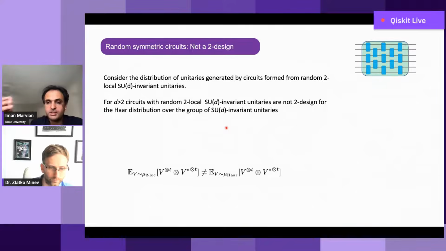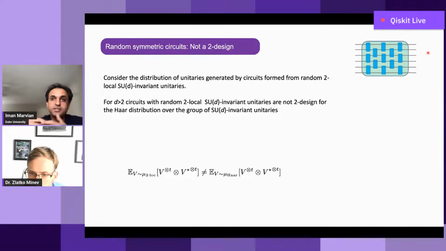So the question is, what is the distribution of unitaries generated if you randomly choose two-local or k-local SU(d) invariant unitaries and compose them together? Can you, in this way, generate the uniform distribution, or Haar distribution, over all SU(d) invariant unitaries or not?